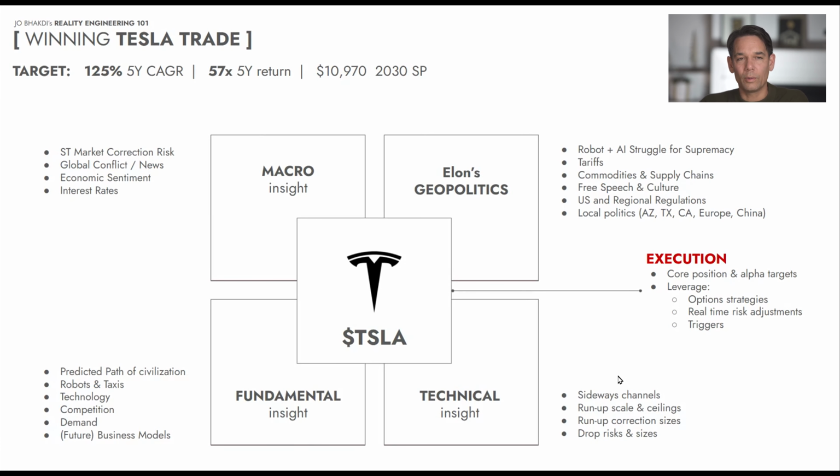But if you have an opportunity that is as clear as Tesla is and as low risk as Tesla is in the long term, it's just too tempting for me to generate alpha. And we will see very soon, in a different video, I will talk about what the price that we see right now in Tesla stock actually means, and what we do about that price. This will be a different video.